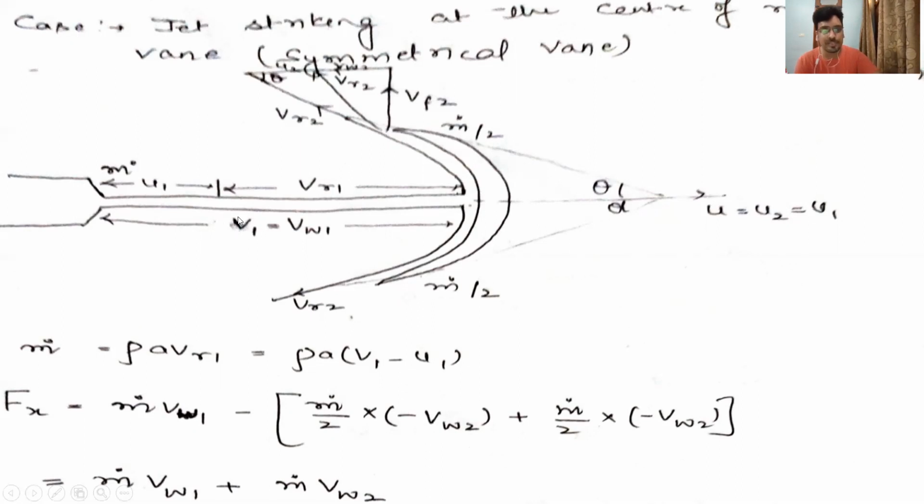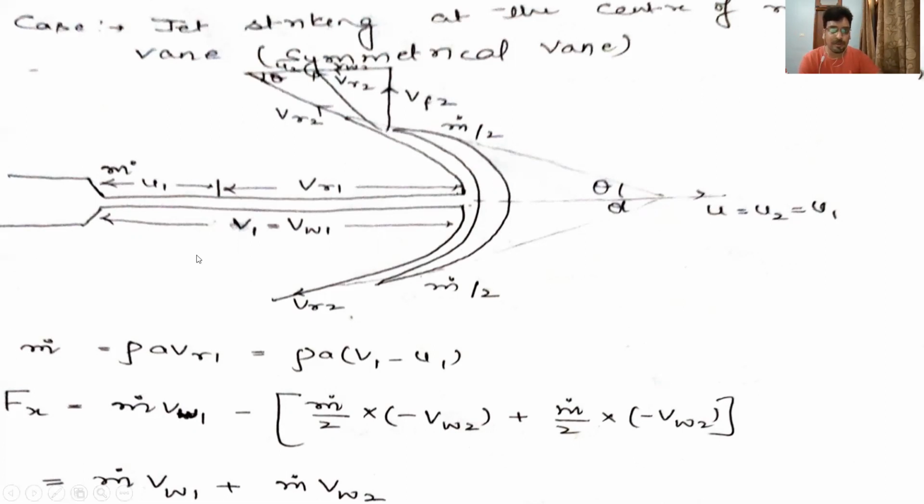So this is v1, this is absolute velocity of the jet which is striking this vane, and this theta is the angle of curvature. This theta is also the angle of curvature, and this jet is striking the center of this vane. So what will happen? There are two different conditions at the inlet of the jet on the moving vane, and the outlet condition is different.